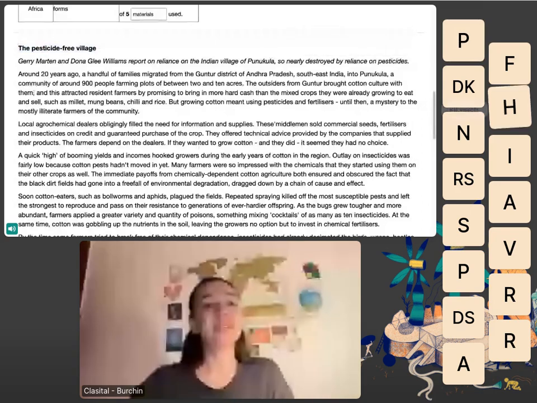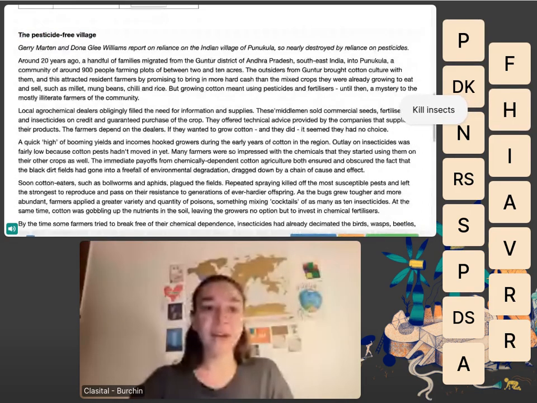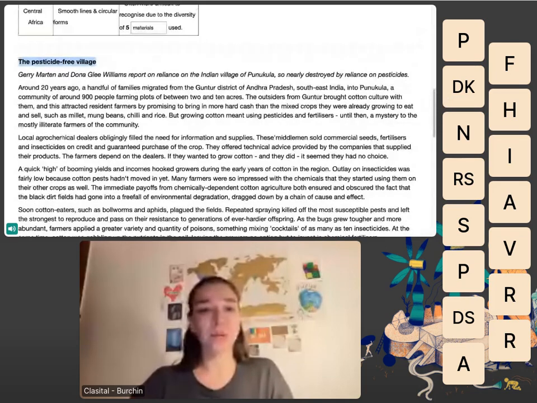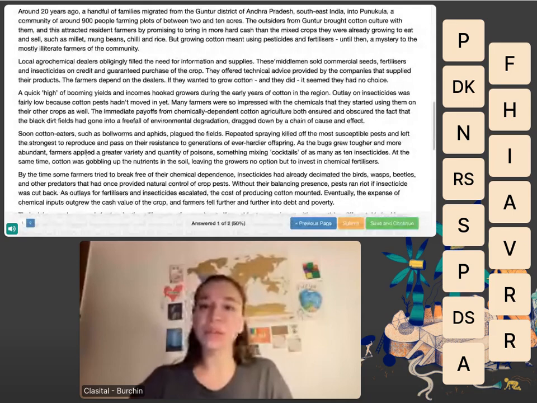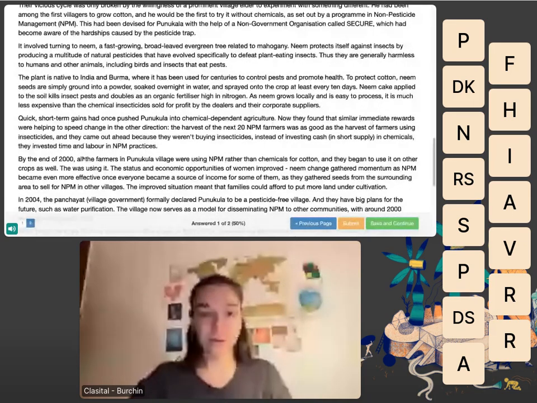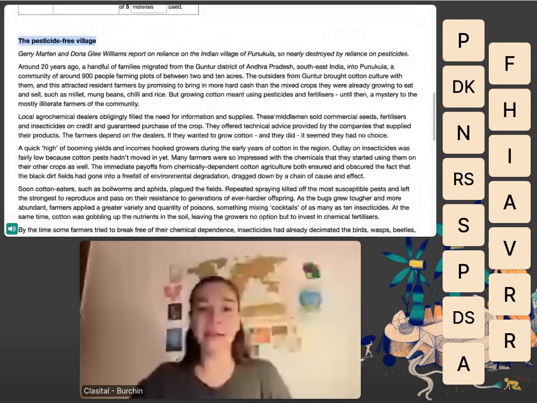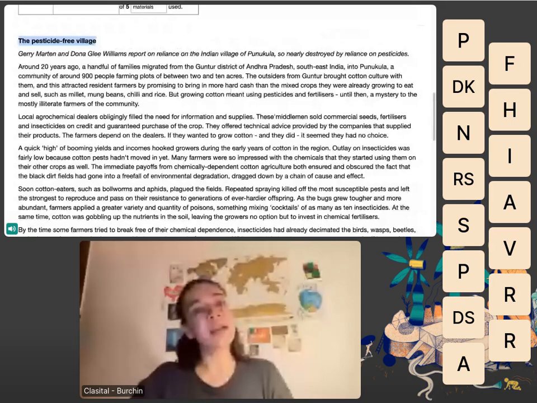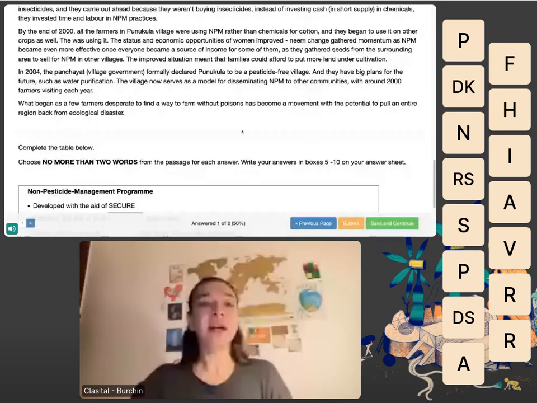And it's about the pesticide-free village. And in this one, we have a long passage here. This is a full passage from a recent actual IELTS exam. And we have some questions.